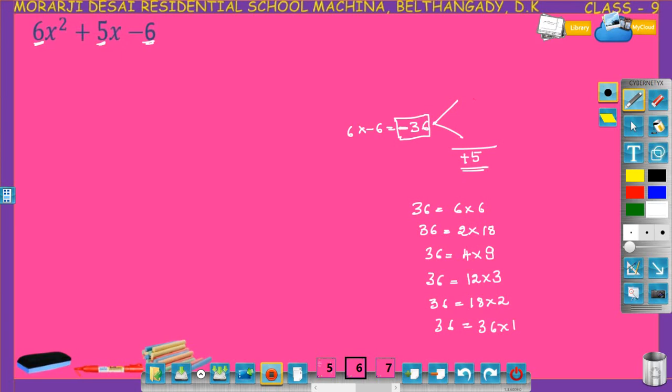So you can write 9 4s are 36. On the upper side, first you write the bigger number, then the smaller number. 12 3s are 36, but 12 minus 3 is 9, not 5. 18 2s are 36, 18 minus 2 is 16. 36 1s are 36, but 36 minus 1 is 35.